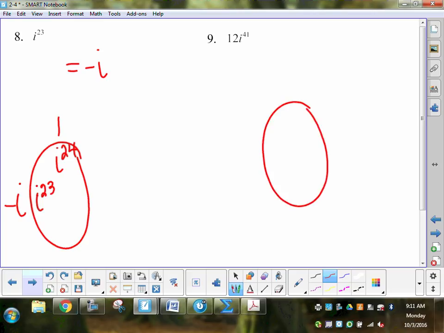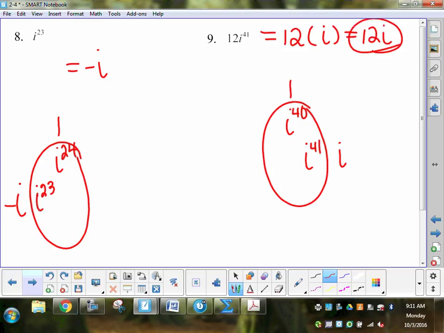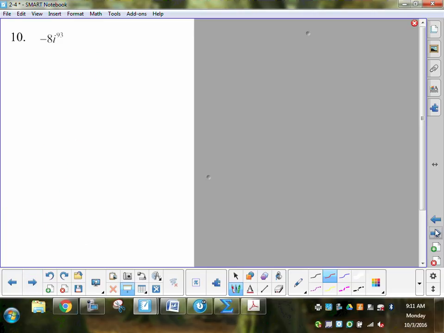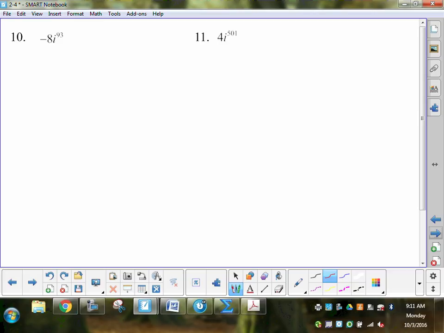What multiple did you use? So this would be i to the 40. This would be the 41st. This would be i. That is a 1. So this is 12 times i, which is the final answer. Questions on that? We start getting a little bit redundant.